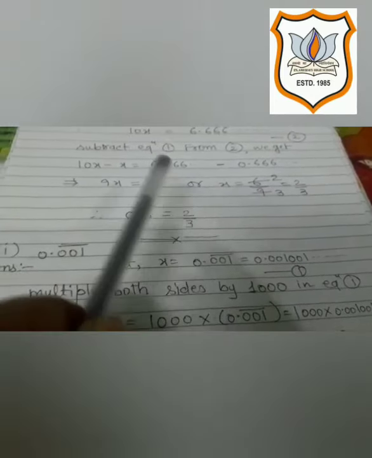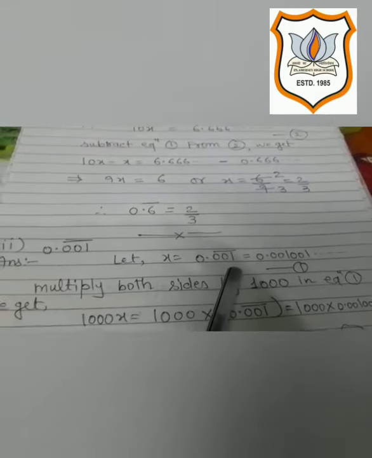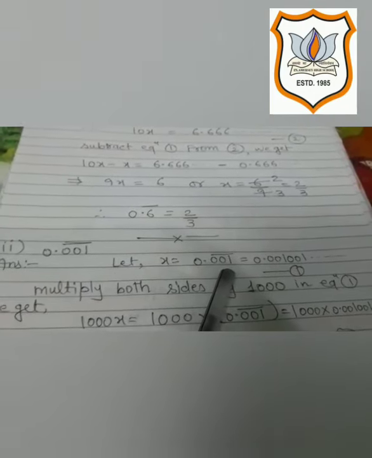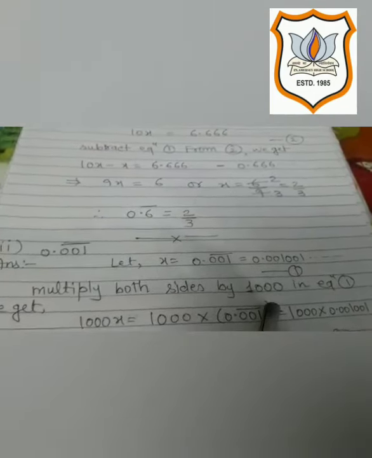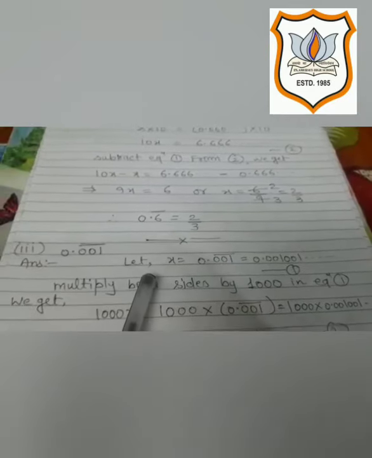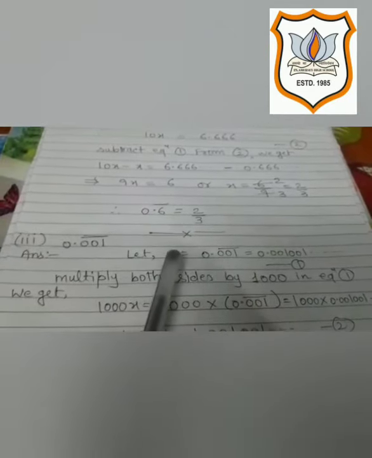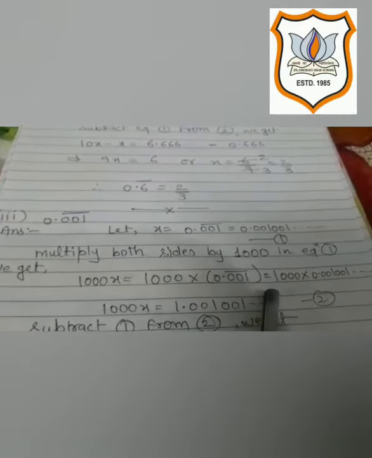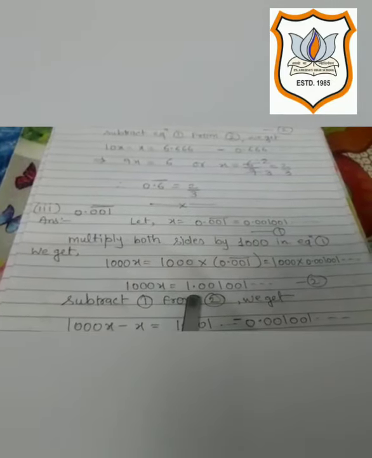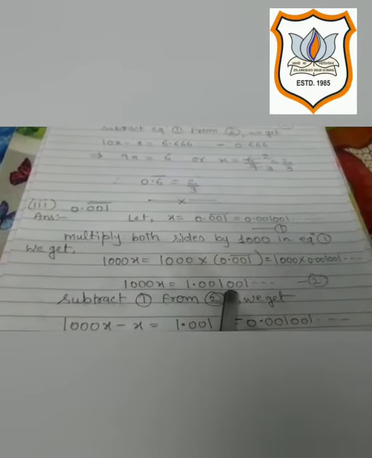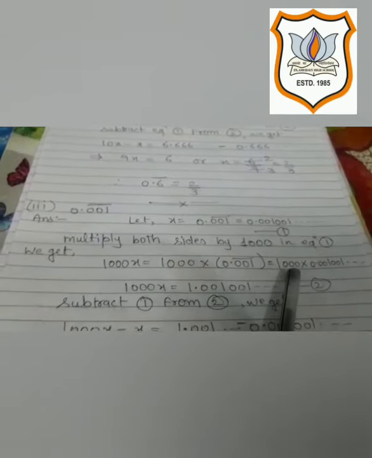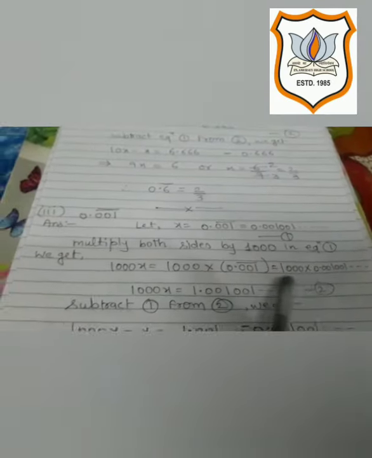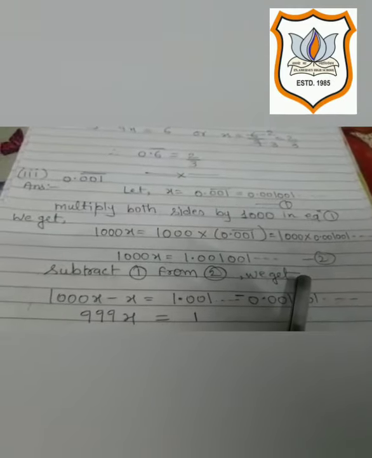And we have discussed above, if there are 3 digits in the bar, then we will multiply both the sides by 1000. So we will multiply both the sides by 1000. x into 1000 is equal to 1000 into 0.001 bar, and we will get 1000x is equal to 1.001001 and so on. You know how we multiply such kind of numbers. And we will get equation number 2.